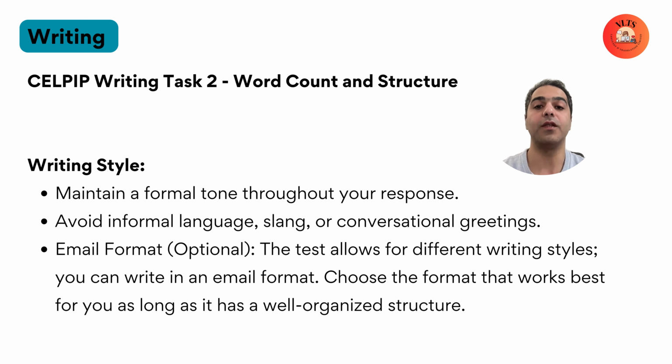It means you can use email format in task 2 of CELPIP. So you should try to choose the best one that works well for you. But always remember that in task 2, clarity and conciseness are the key points. Focus on explaining your reasons in a logical and well structured manner.